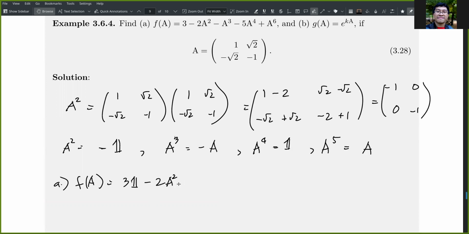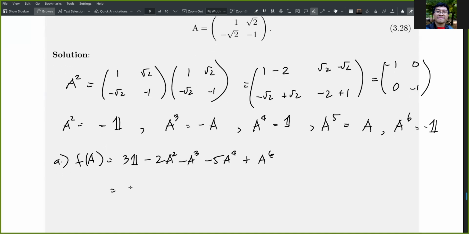Then 2A squared minus A cubed minus 5A fourth plus A6. So we don't have A6. A6 is simply, we go back to A times A, that's negative 1.